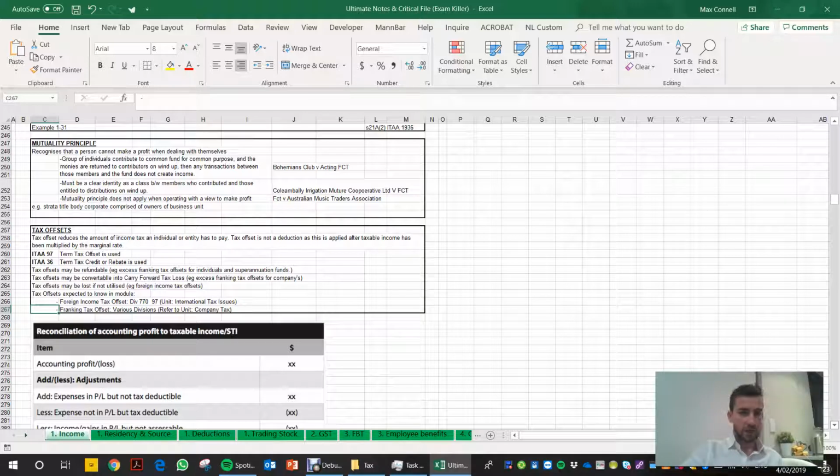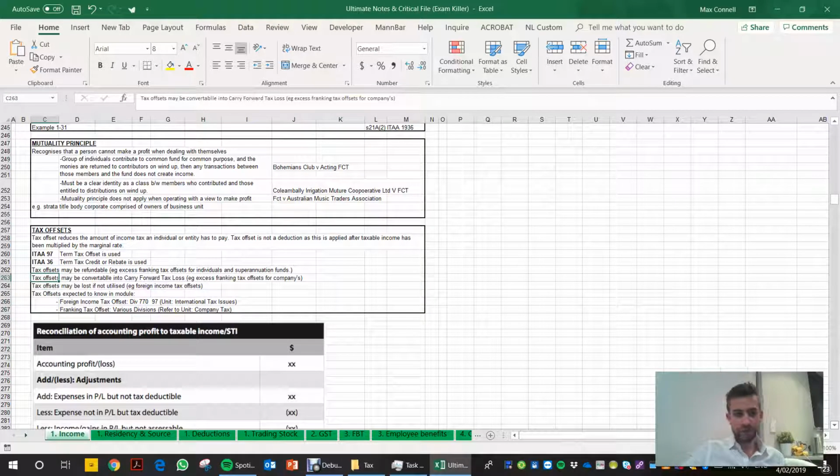And even better, some tax offsets can actually be refundable. For example, excess franking tax offsets. So if you've got excess franking credits and you're not paying any tax, you can actually get that money back, even if you haven't earned enough income to pay tax on it.